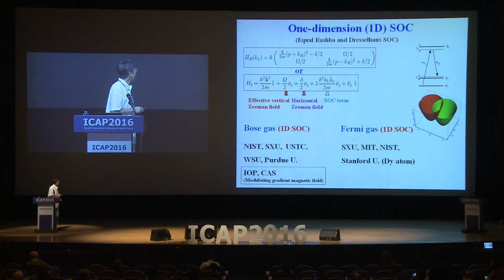For 1D spin-orbit coupling, this Hamiltonian can be expressed as a matrix or operators. This term, the product of momentum and the spin operator, represents the spin-orbit coupling term.